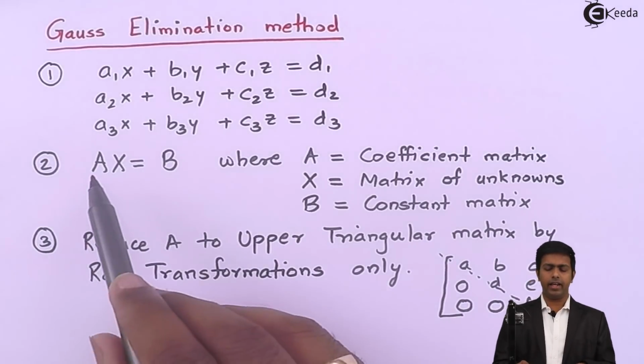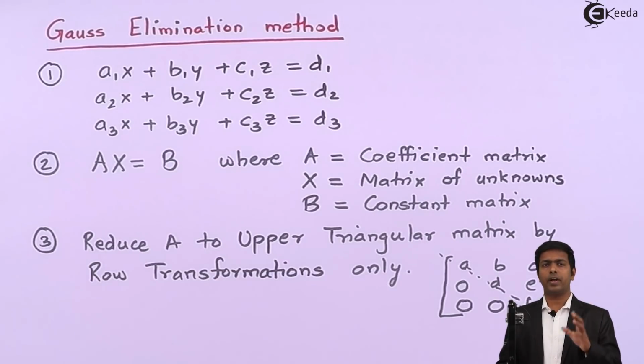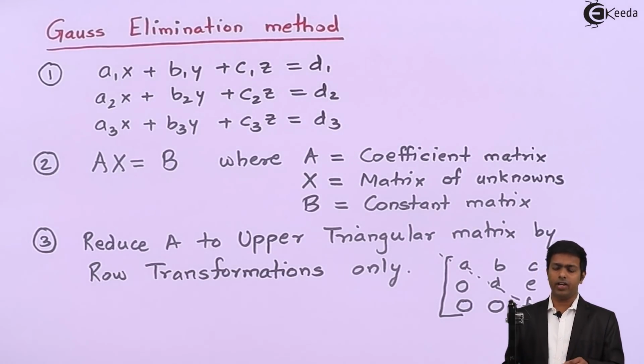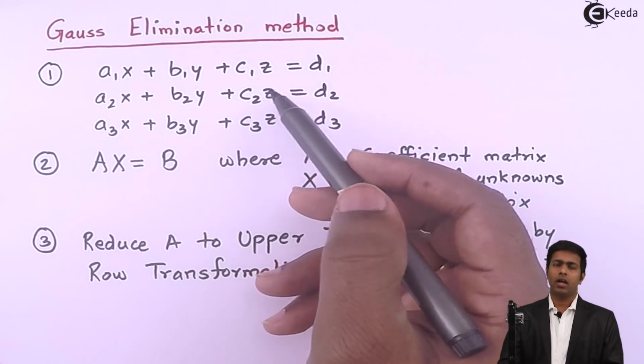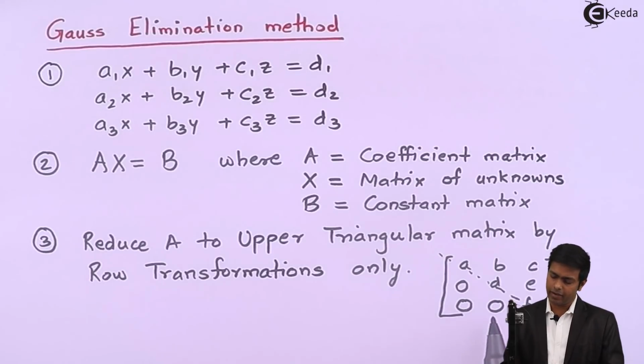Once A gets converted into an upper triangular matrix, we stop the operation and convert the matrix form back into equation form. From the last row we have made two elements 0, so we get only the last element, which will be the coefficient of z, because the x and y coefficients are made 0.